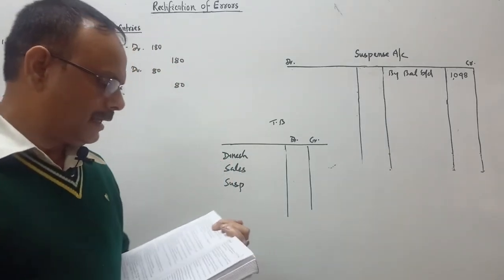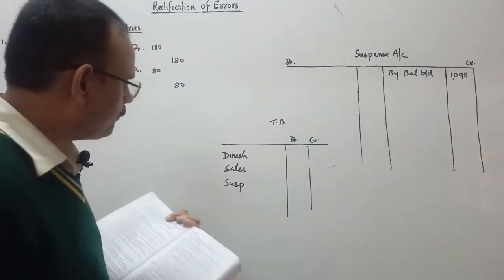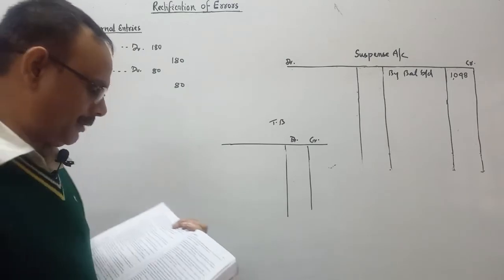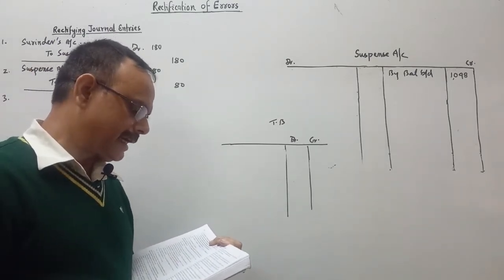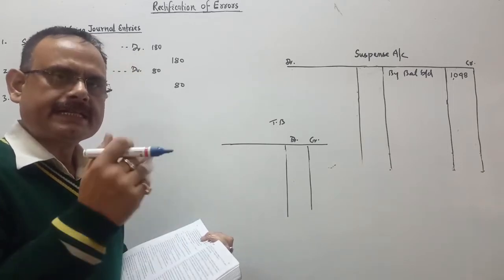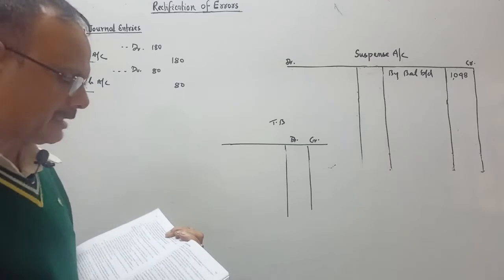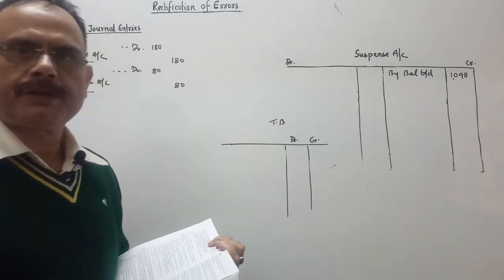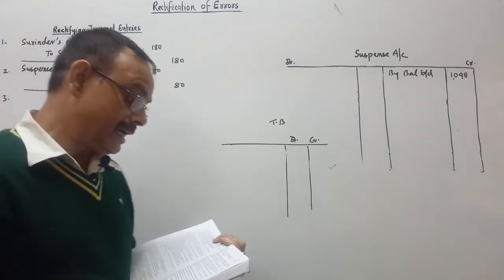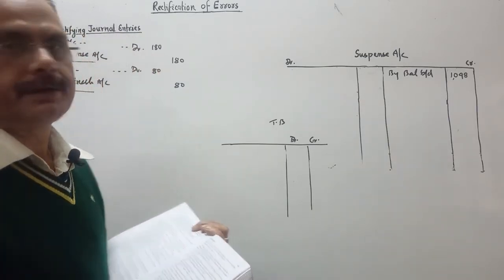Next is a cheque of rupees 1,250. A cheque of rupees 1,250 received from a debtor has been correctly entered in the cash book but posted to his account as 1,200.